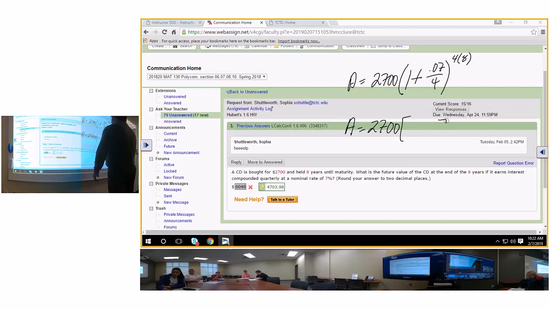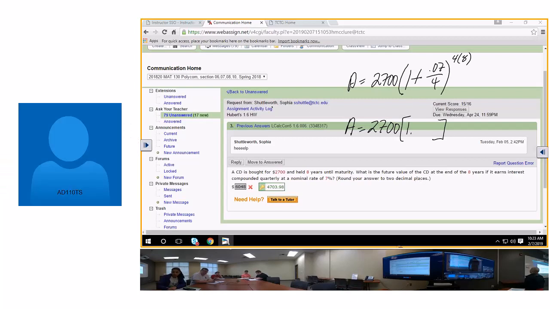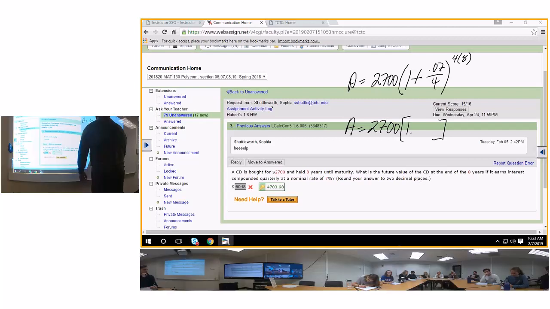You work inside out. Take 0.07 divided by 4. Somebody get that and then add 1. Tell me the answer. It's going to be 1.014 or 13.